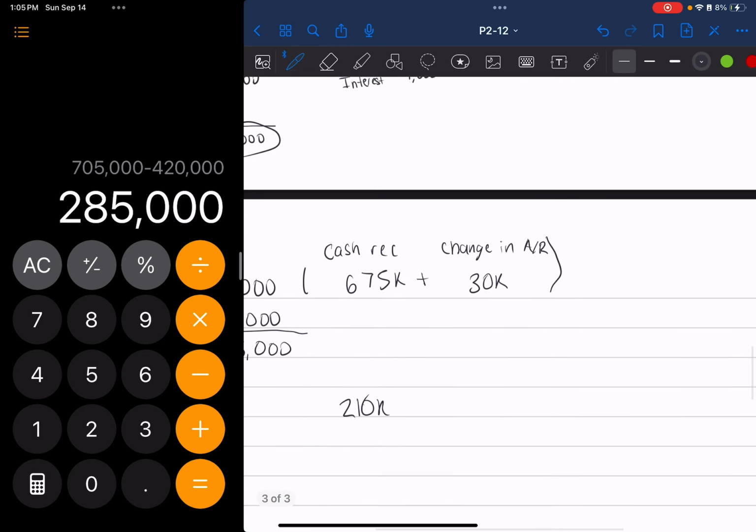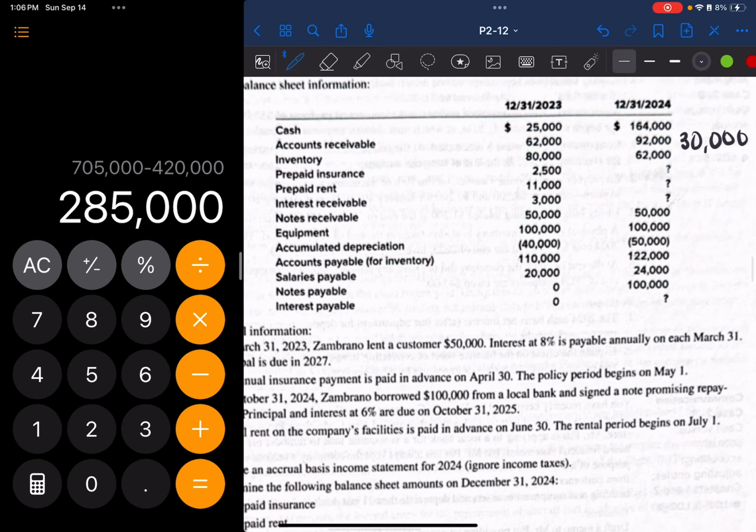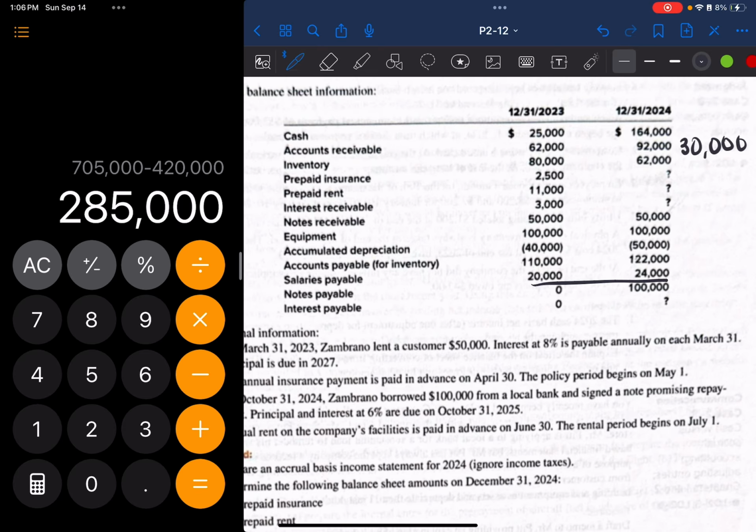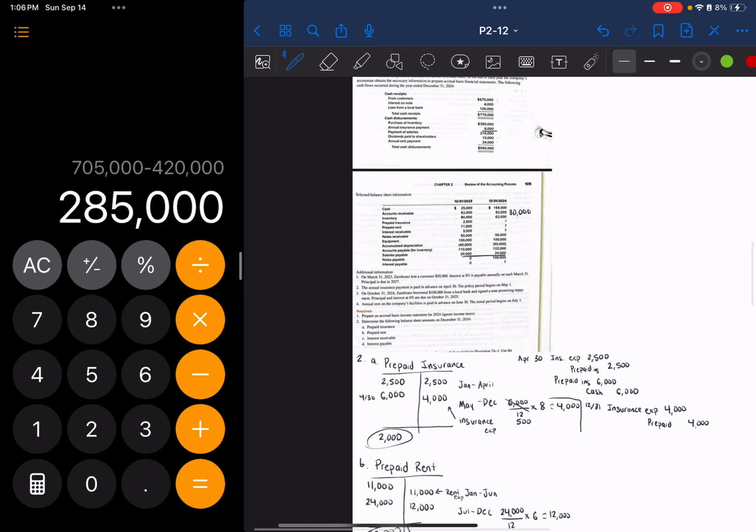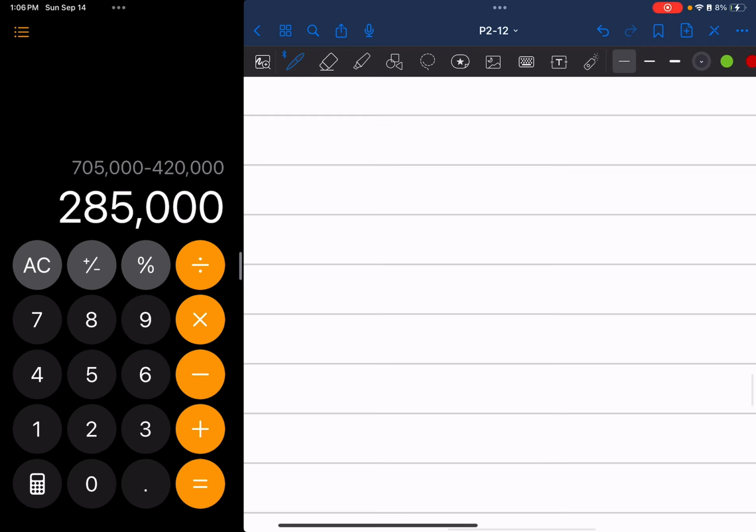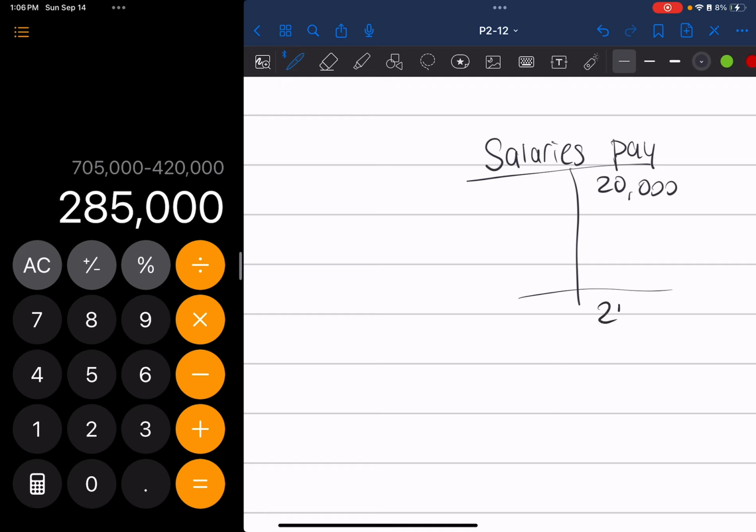But then we also have up here a salaries payable account that increased by 4,000. So the T account would be salaries payable of 20,000, and then ending will be 24,000. So that means that this increased by 4,000.